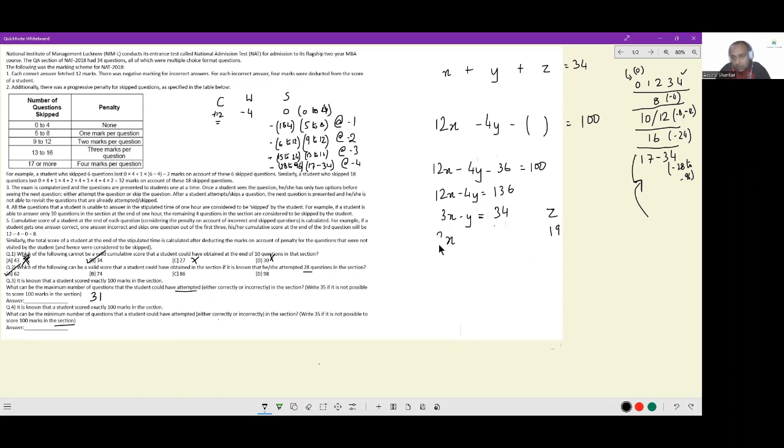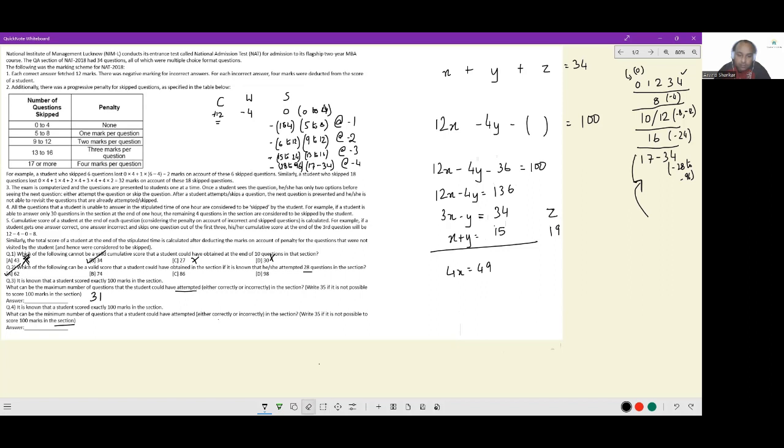So x plus y is equal to 15. 4x is equal to 49. Can you see, if you take any case within this band, 17 to 34, your 4x is always turning out to be 49.